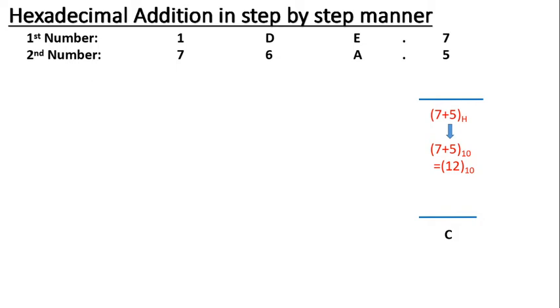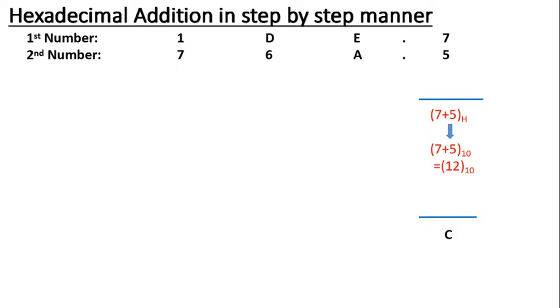And we know that 12 decimal can be represented by a single hexadecimal digit, which is C. 12 decimal is equal to C, which is written just below the bottom line. It means the intermediate decimal result 12 is expressible in a single hexadecimal digit like C, and then no carry is to be forwarded to the next digits.